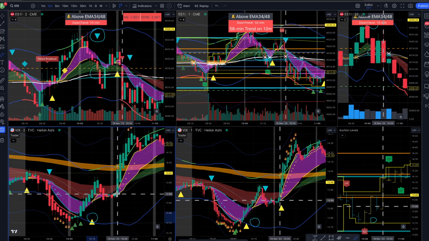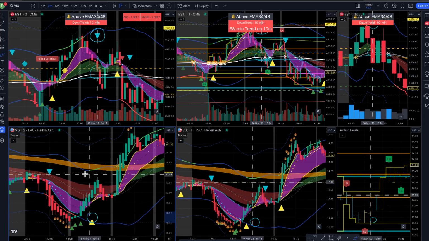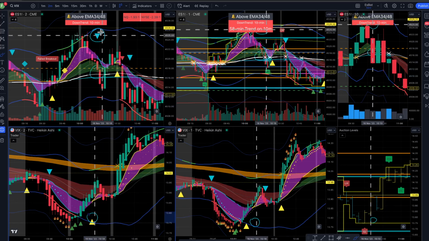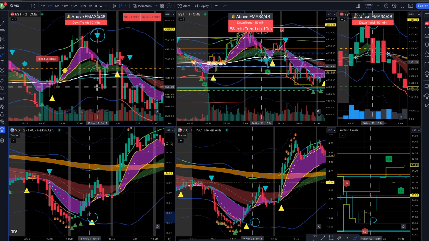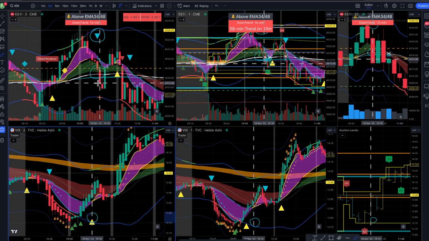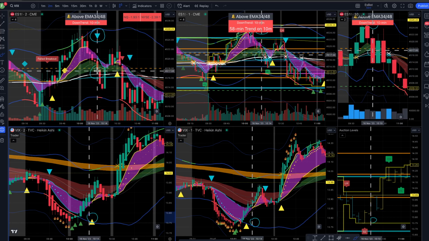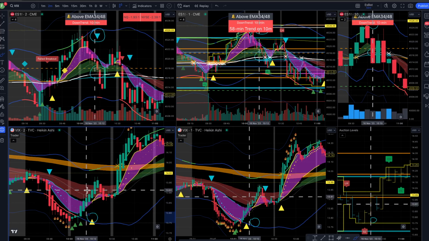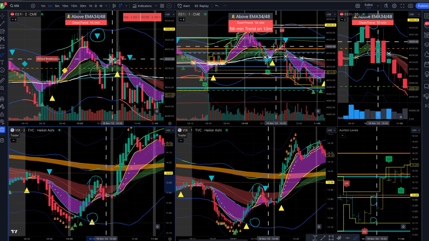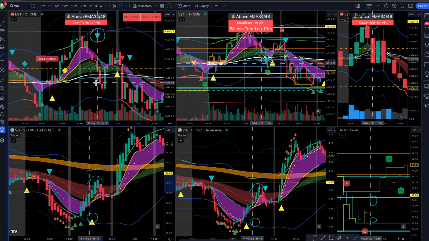No trade. Well, if VIX is below 48, we don't want to be trading ES below the 48. So we want to be careful if they're both on the same side, because right here when we get the signal, we're above it, but then the next candle we're below it, but VIX is still below it. So if VIX is below the 48 and now we're below it, that's a dangerous setup.